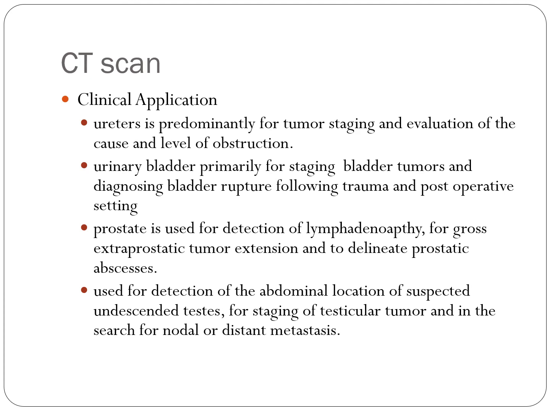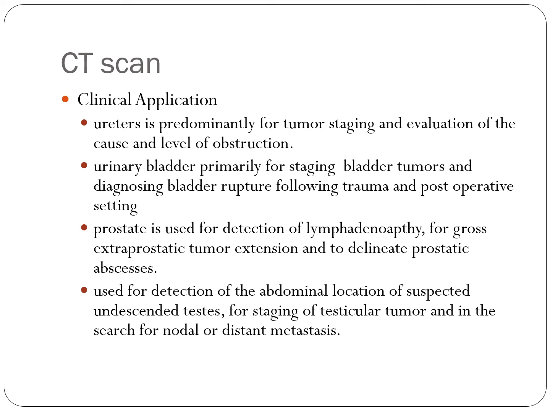Clinical application. Ureters: predominantly for tumor staging and evaluation of the cause and level of obstruction. Urinary bladder: primarily for staging bladder tumors and diagnosing bladder rupture following trauma or in the post-operative setting.